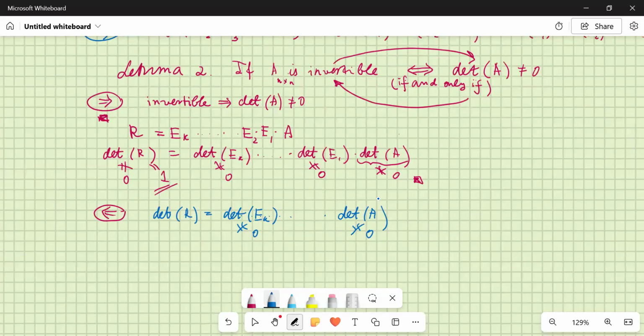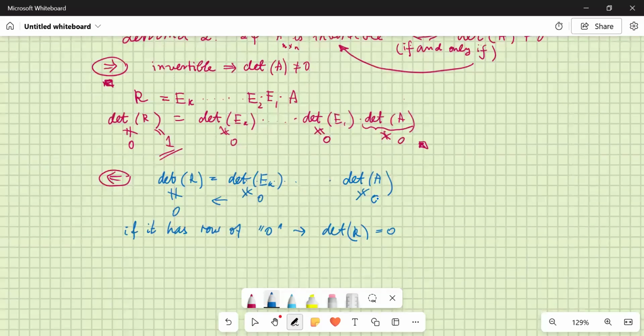Then, if you multiply non-zero elements, then this one is not equal to 0, which means that it's supposed to be identity, because there are two options for the reduced row echelon form of the matrix. Either it's identity or has a row of zeros. If it has a row of zeros, then we remember from previous sections that determinant of such matrix is equal to 0.